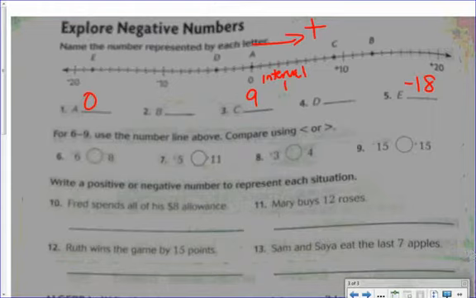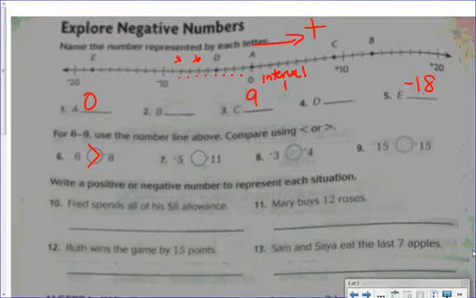So 0, 1, 2, 3, 4, 5, 6, there's our negative 6, 7, 8. That's our negative 8. So remember what I said: any number to the left of another number is the smaller number. So negative 6 is actually going to be greater than negative 8, because the furthest left one is the smallest number, and that would be negative 8.